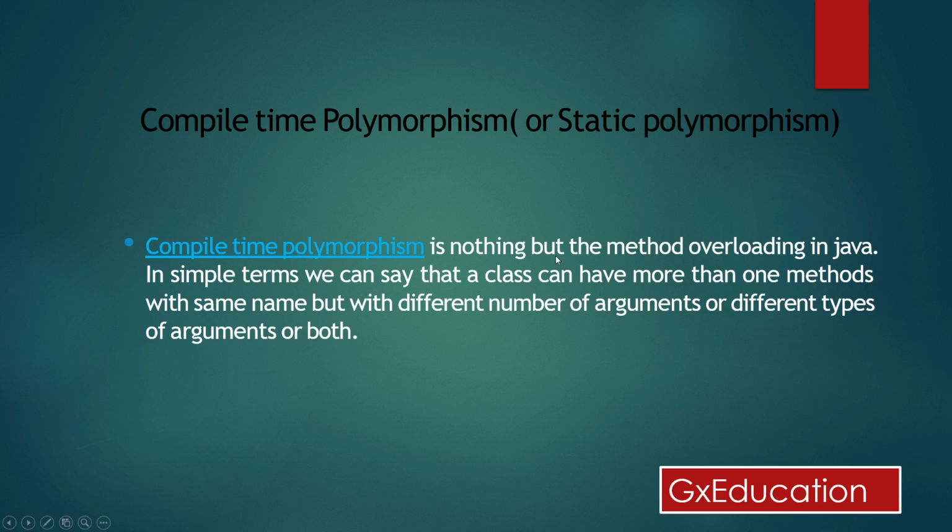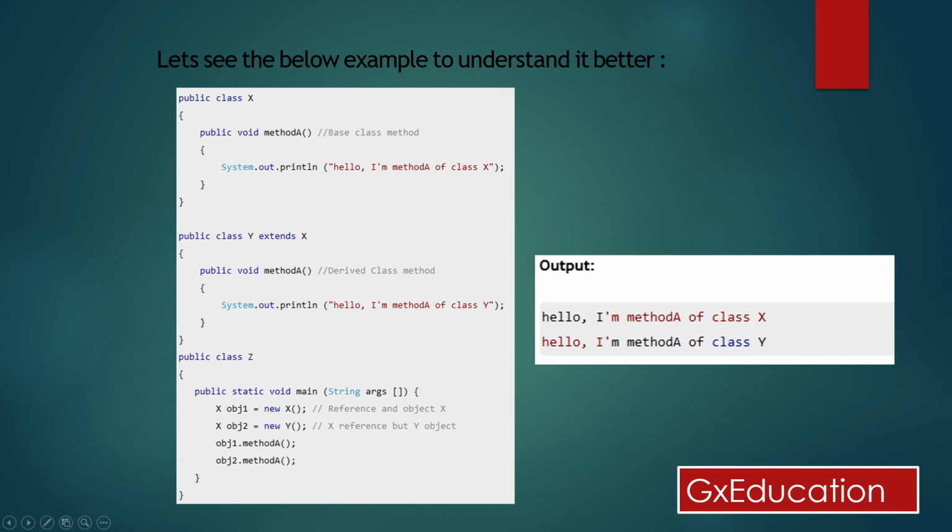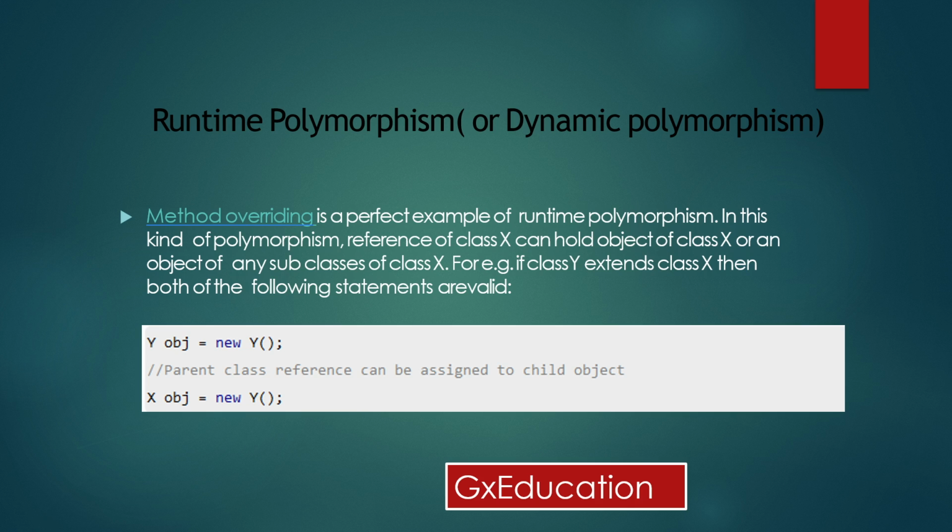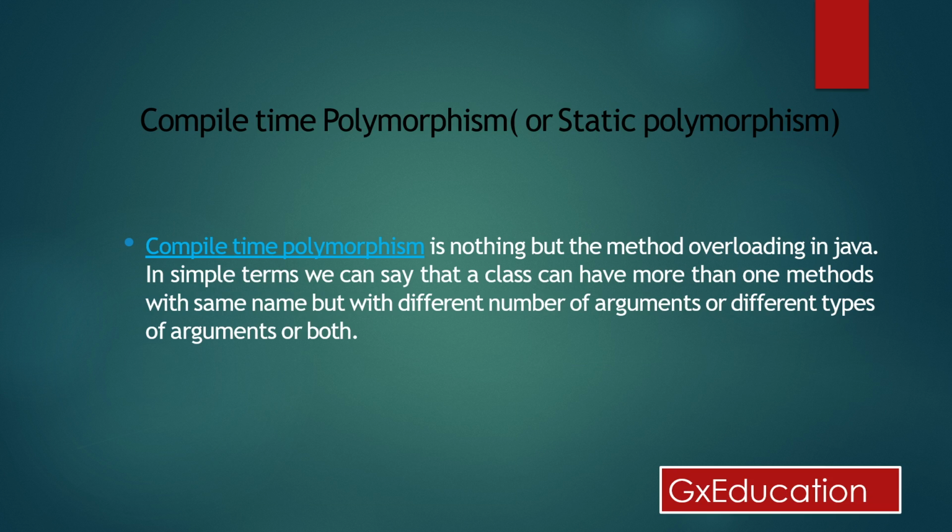In simple terms, we can say that a class can have more than one method with the same name, but with a different number of arguments or different types of arguments or both.